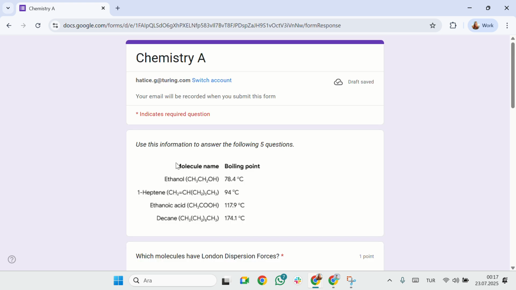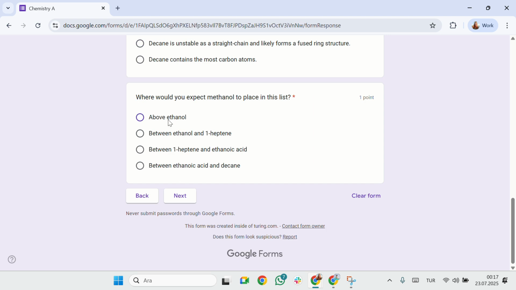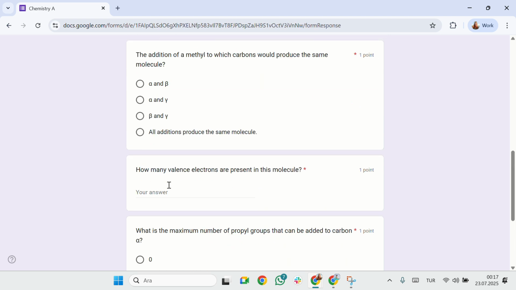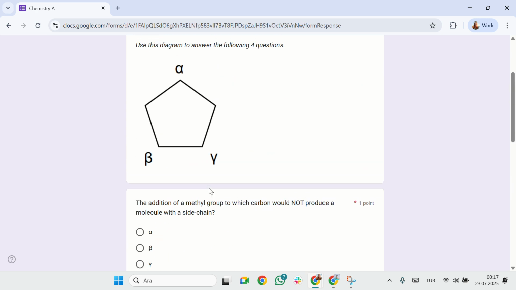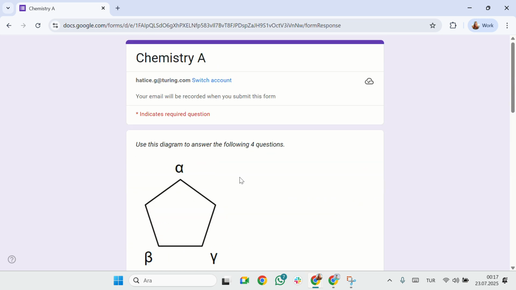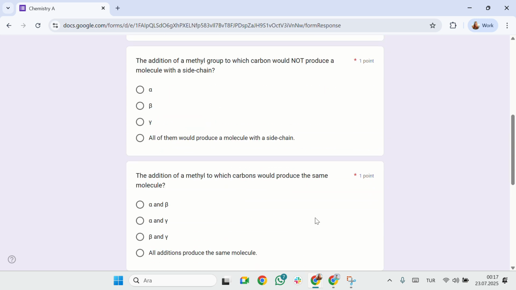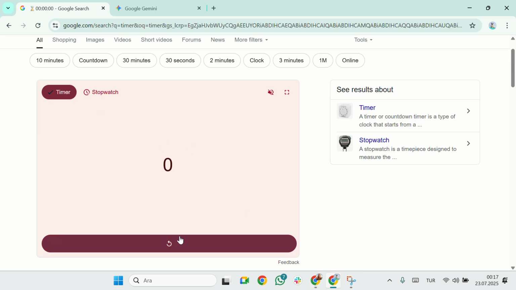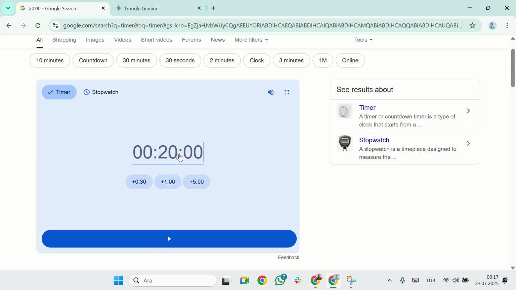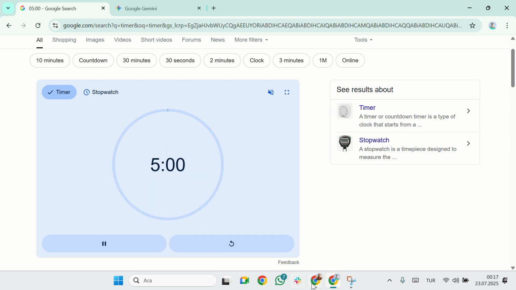Methanol is up to here, so all ethanol. Let's say. Oh, okay. Let me give 5 minutes.